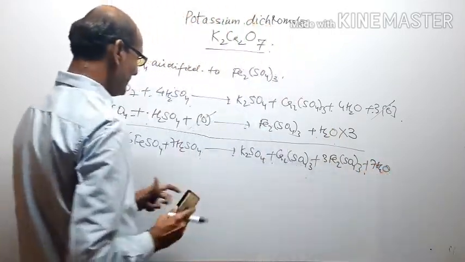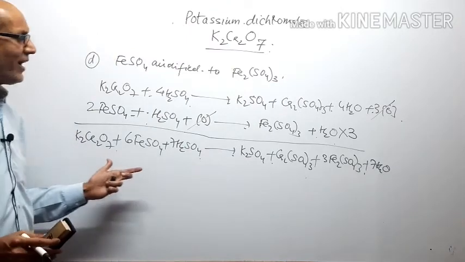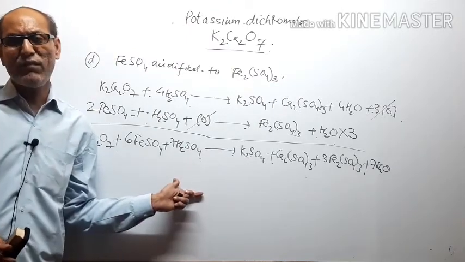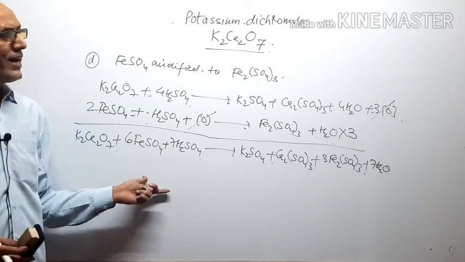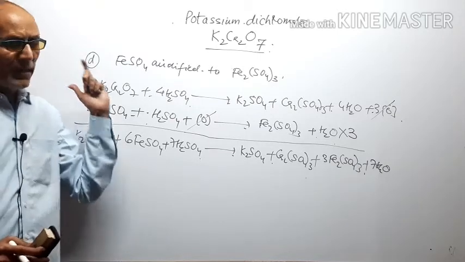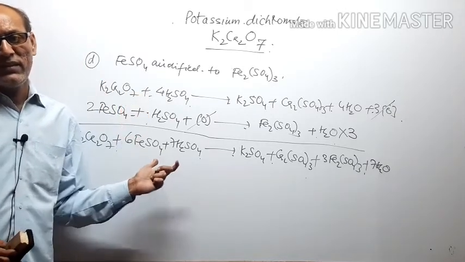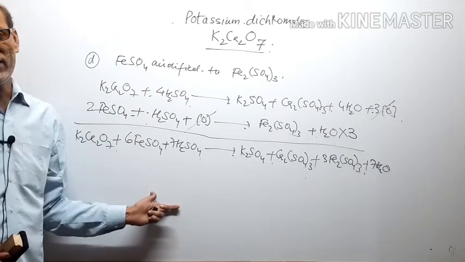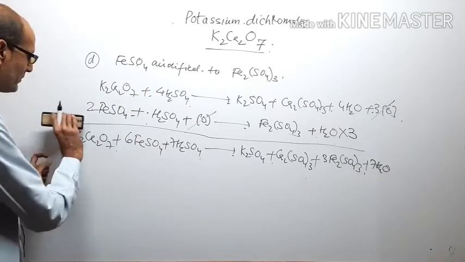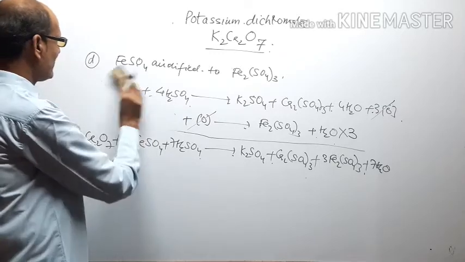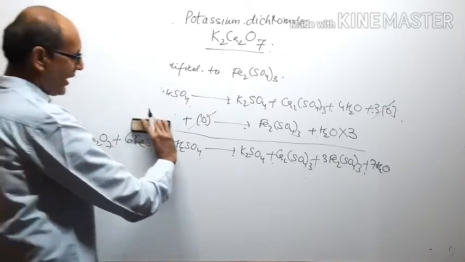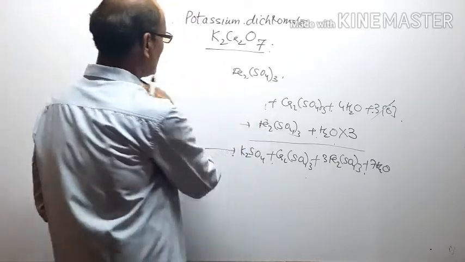Now dear students, once again I want to write this equation in the form of ions. I have not written the other equations in ionic form. How will you write the equation in the form of ions? After writing this equation, how can you convert it into ionic form?